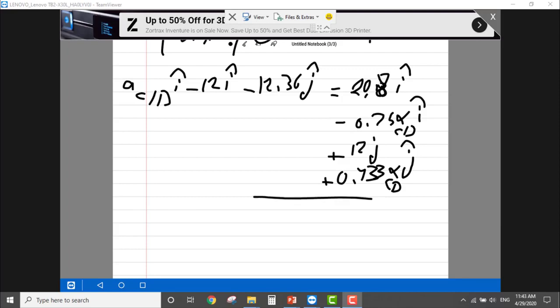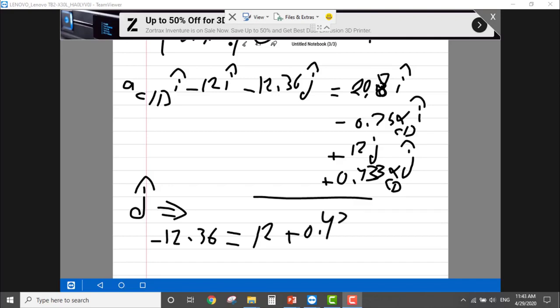Which one is better to start with? Let us start with the J equation, because I'm caring only about alpha. If you would like, you can find AC as well. Using the J equation first, we have minus 12.36 on the left side, which is equal to 12 plus 0.433 alpha CD.